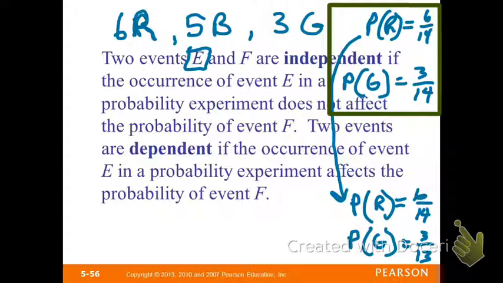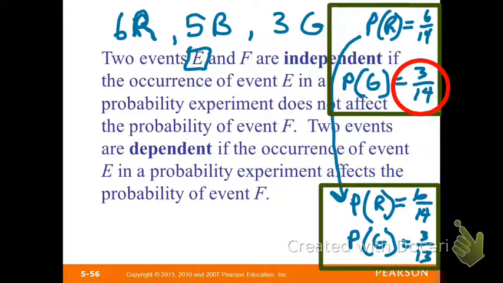But in the event that we drew a red and then drew a green without replacement, the probability changes from 3 out of 14 to 3 out of 13, and so we have dependent events. So the top example is an example of independence, where we replace the marble and the number of marbles stays the same, and the bottom shows a dependent event because the occurrence of the first thing happening changes the probability of the other.